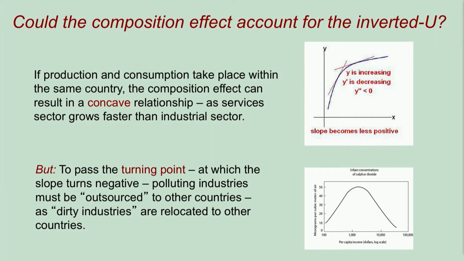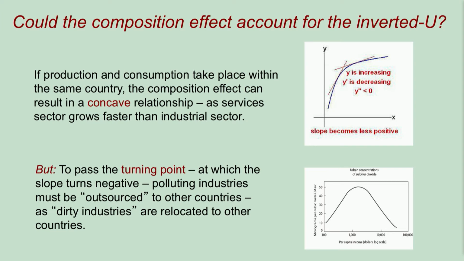However, if you could outsource your polluting activities, if you could shift manufacturing to other countries, shift pollution to other countries, and import the goods from them, then you could actually reach that turning point. You could have a situation in which the composition effect leads to a diminishing of the actual size of your industrial sector, not just its relative size, and you could get declining environmental degradation as output rises.